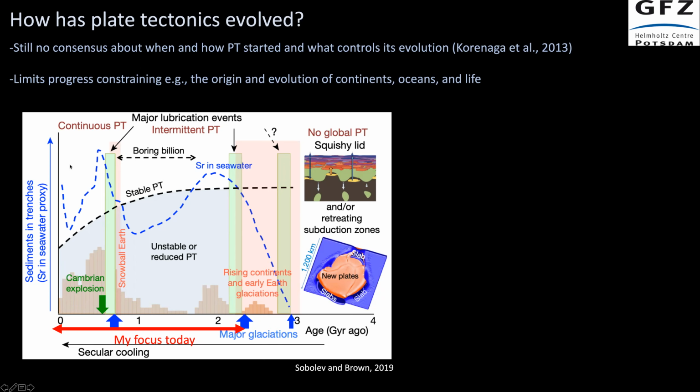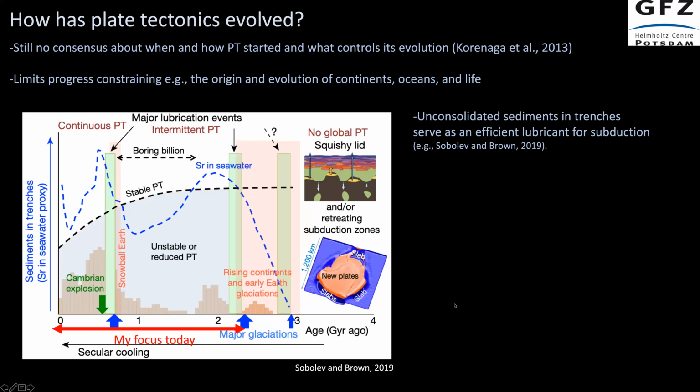And then we come to the continuous plate tectonics that we know today. So today I'm going to be focusing on some present day convection models, but our aim is to go back at least to 2 billion years and look at these shifts in the dynamics.